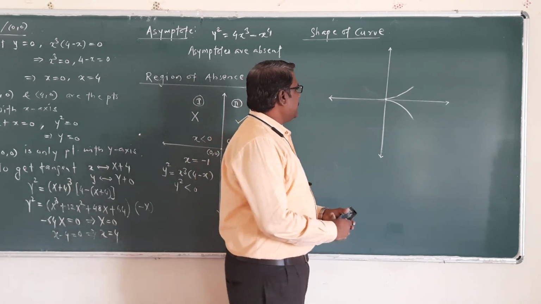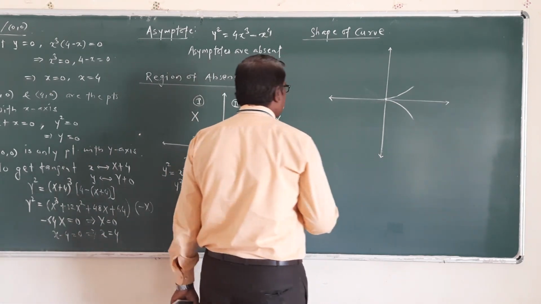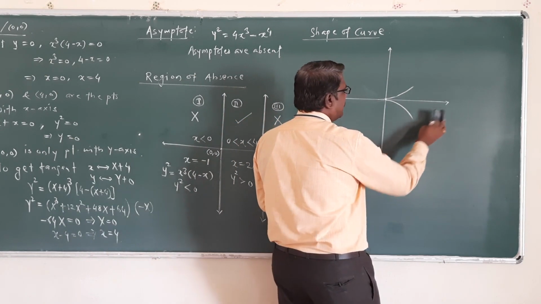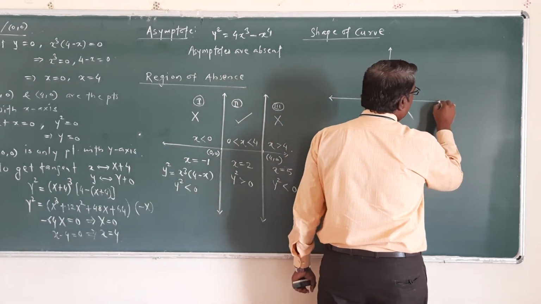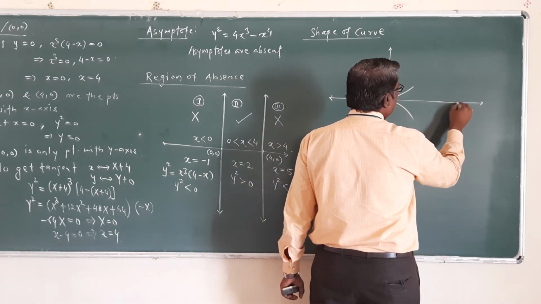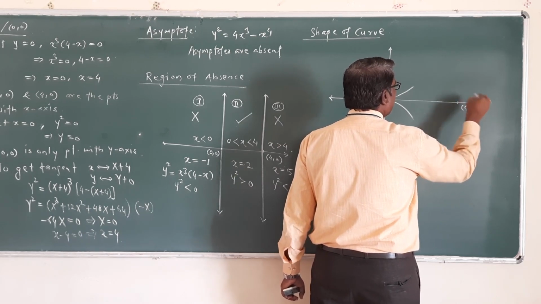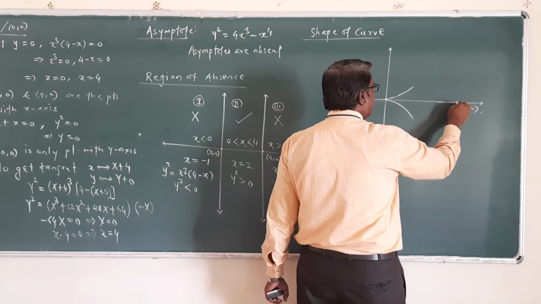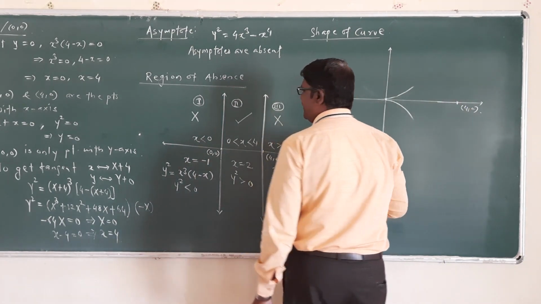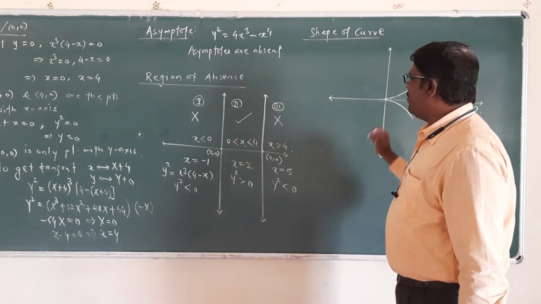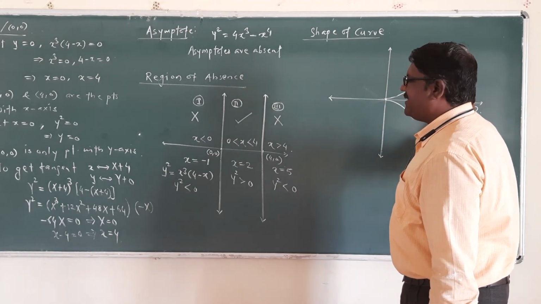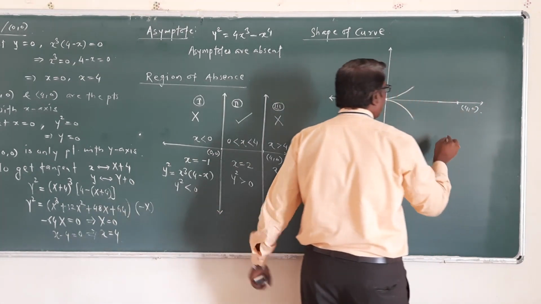Now the next point is points other than the origin. Yes, there is one point other than the origin, and that is 4, 0. Suppose I represent that point as 4, 0. At this point, what is the tangent? The tangent at 4, 0 is x equal to 4. Just now we have calculated.